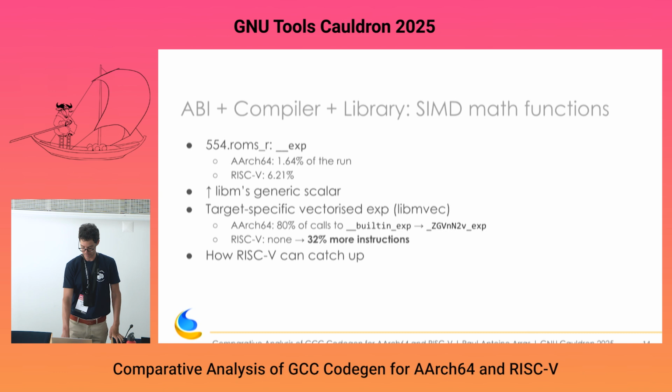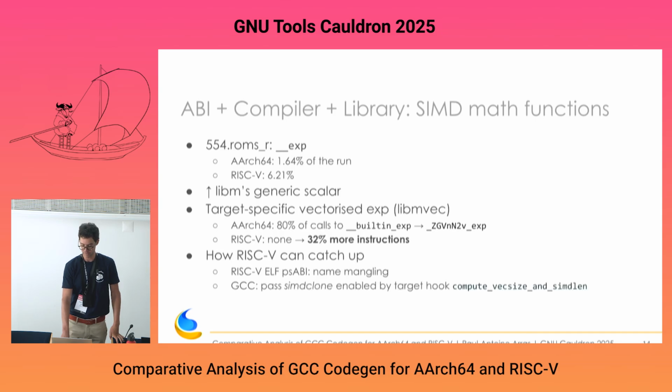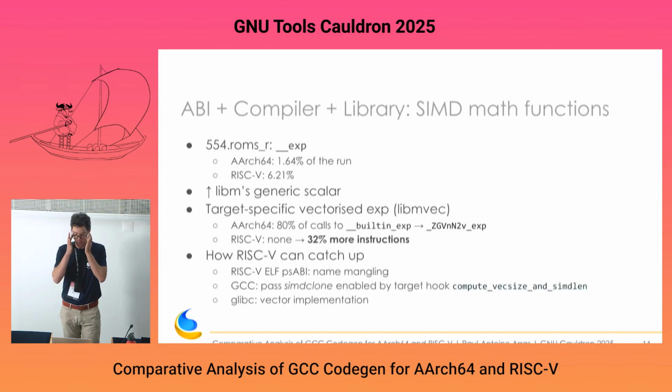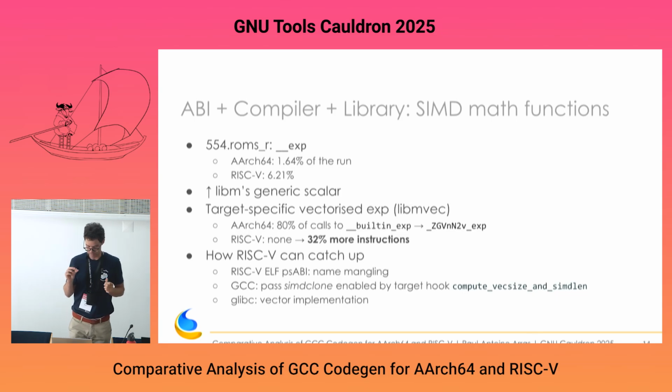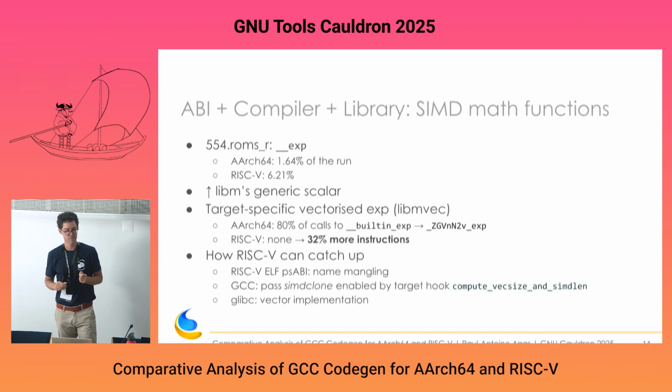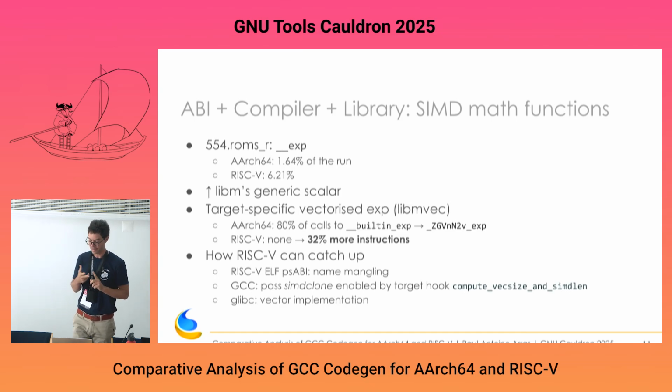That's a clear difference. So I had a look at exactly what was going on there, and if there was some work toward that direction, and the answer is yes. But it's difficult because there are three aspects to it. As I stated in the title of the slides, ABI, compiler, and library, and all three have to agree.